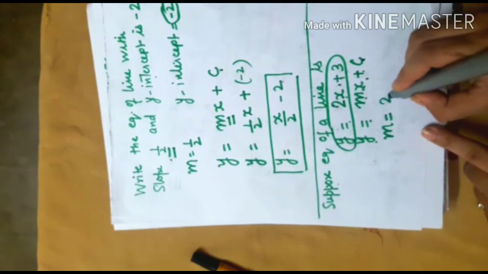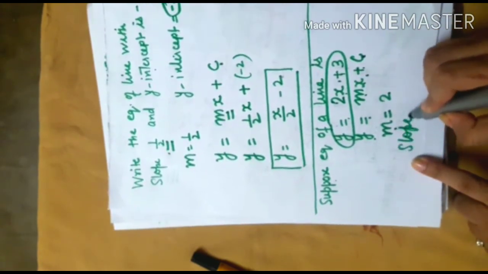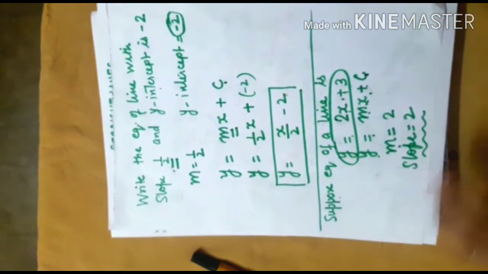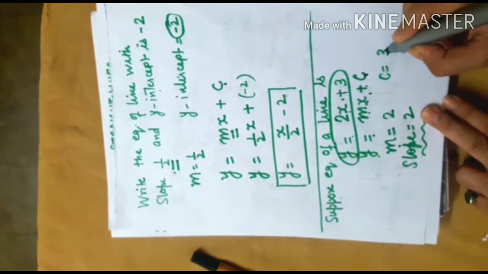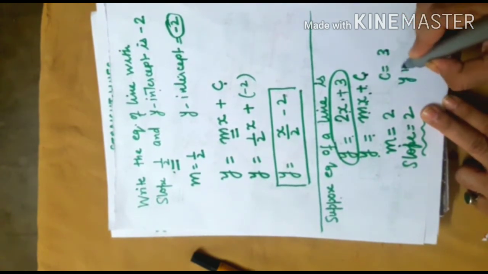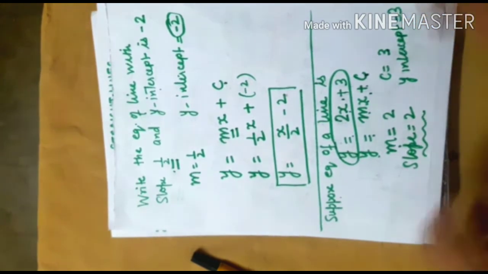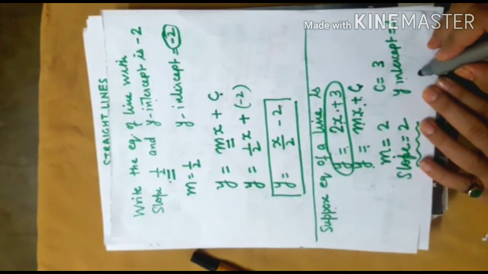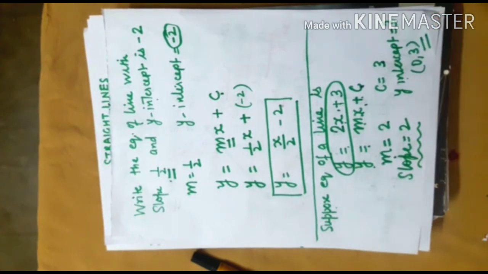Yes, m will be 2 and m denotes the slope. So, the slope of the line will be 2. And what does c denote? Here c is 3. That is, the y-intercept will be 3. And it means the line will intersect the y-axis at the point (0, 3).